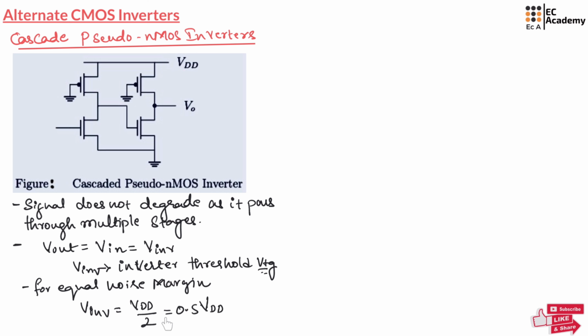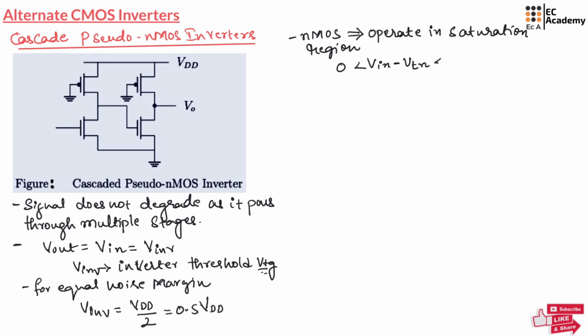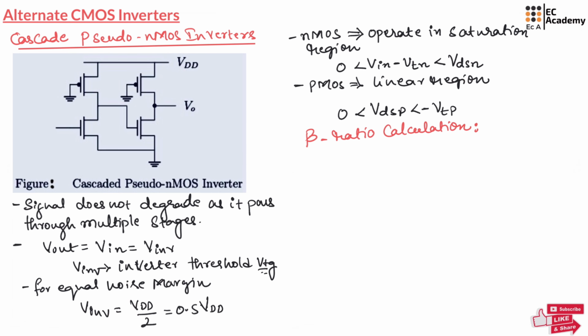So at this point, the NMOS transistor will operate in saturation region with the condition V in minus VTN will be greater than 0 and less than VDSN. And the PMOS transistor operates in linear region with the condition VDSP should be greater than 0 and less than minus VTP.